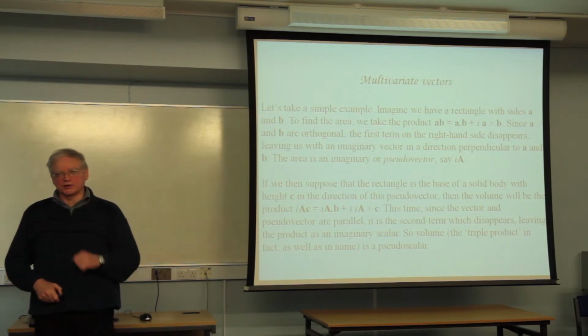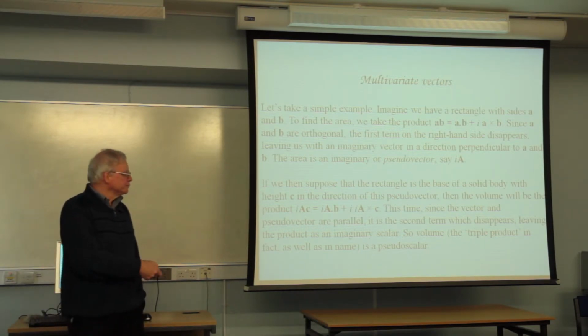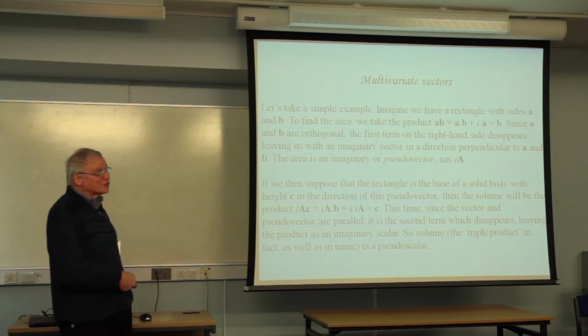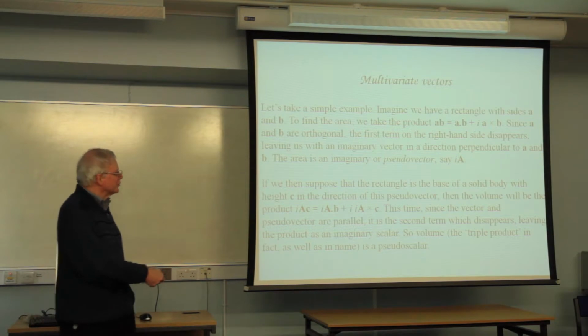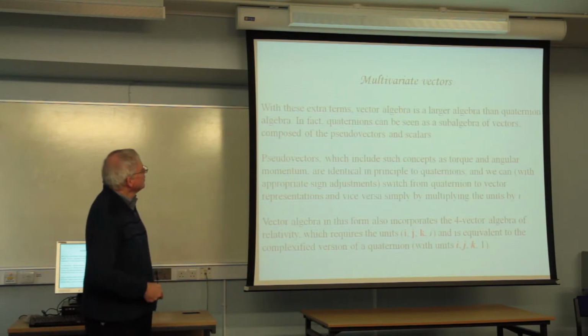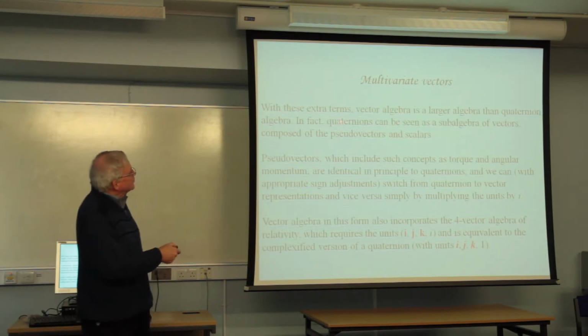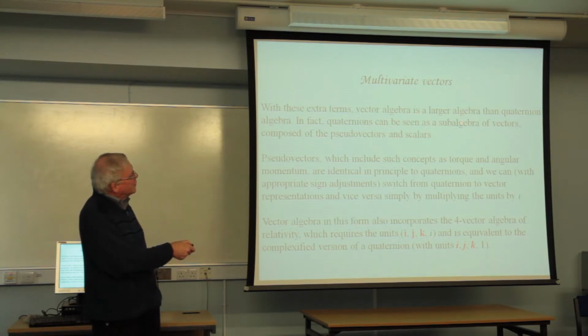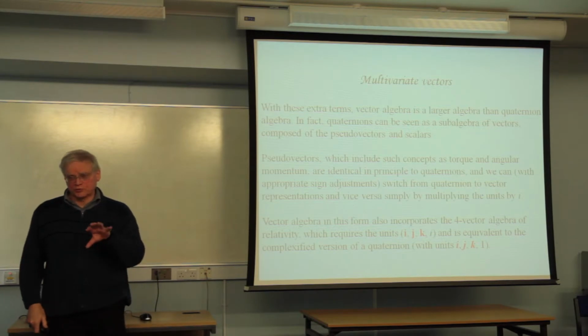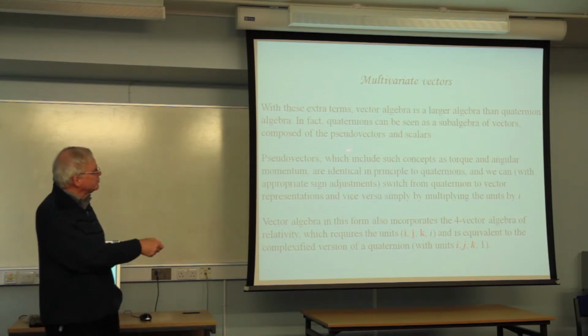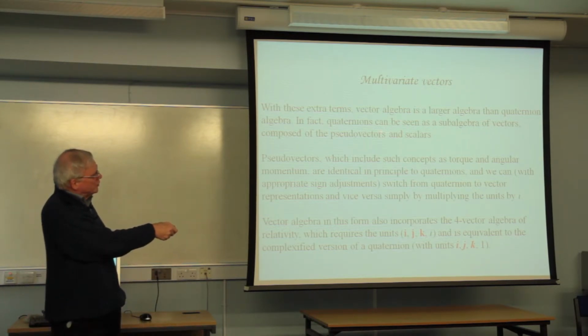This is completely standard in this kind of algebra. The triple product is in fact simply a product. So this vector algebra is a larger algebra than quaternion algebra. It's double the size of quaternion algebra, which was already double the size of complex algebra. And so quaternions can be seen as a sub-algebra of vectors.